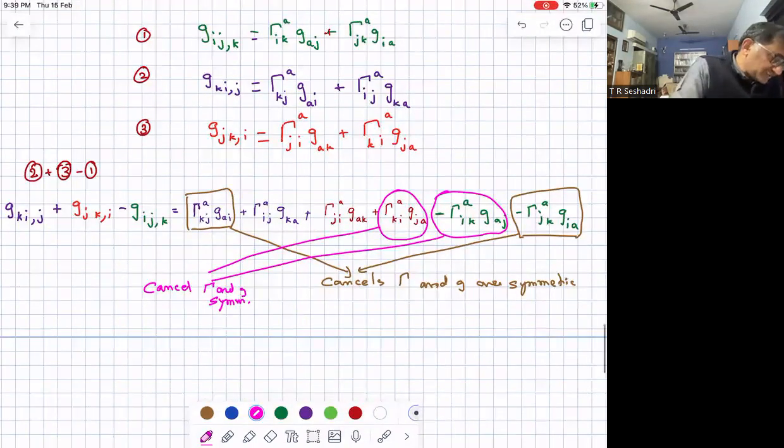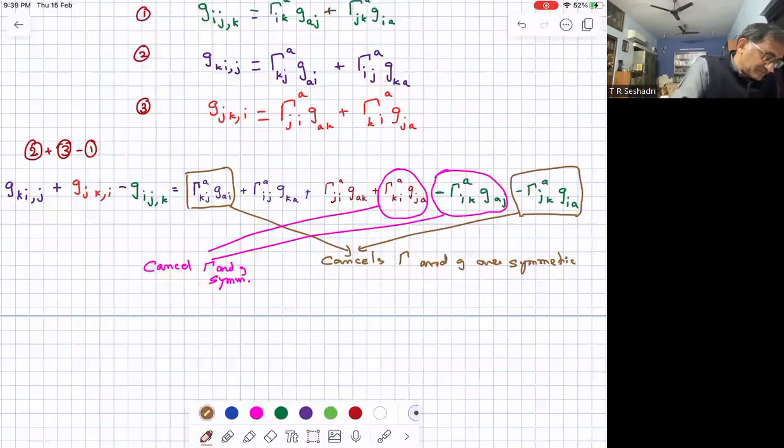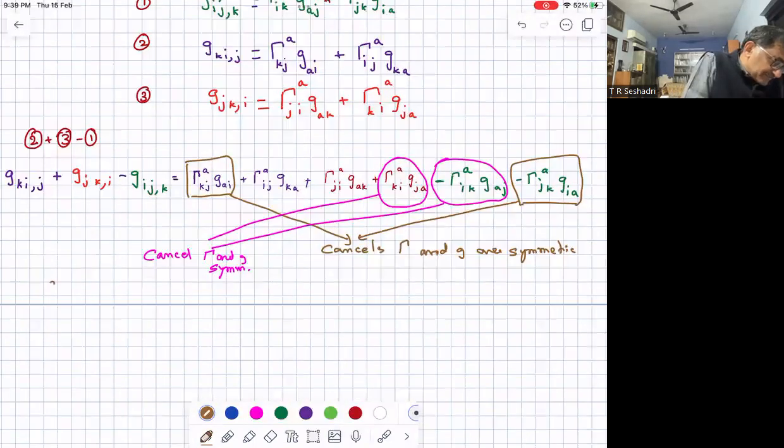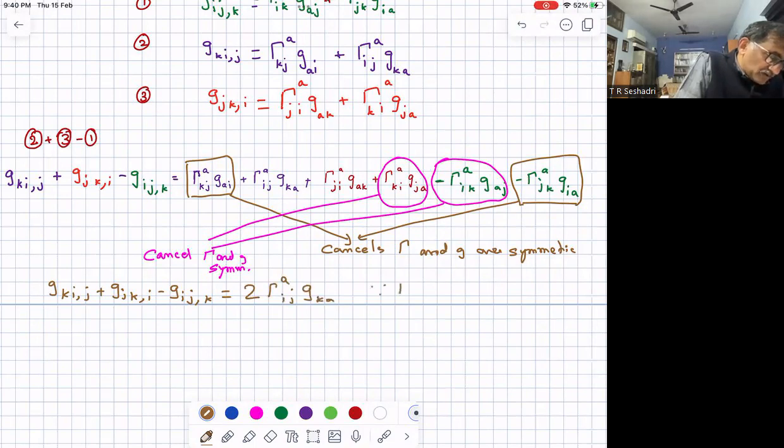Right? And so this is interesting. Now that leaves me with G_{ki,j} plus G_{jk,i} minus G_{ij,k} is equal to twice gamma^a_{ij} G_{ka}, again because gammas and G are symmetric.